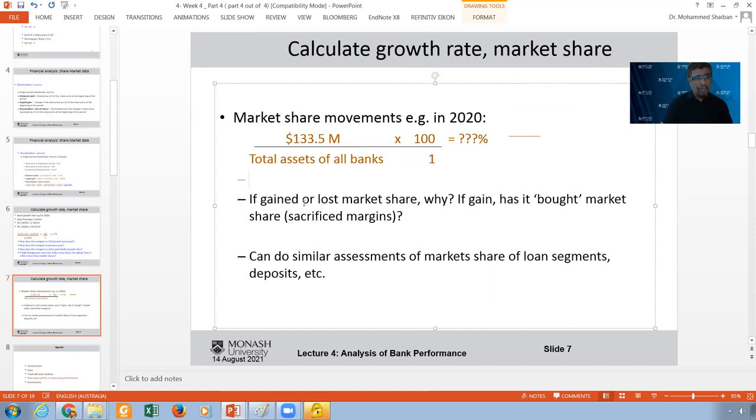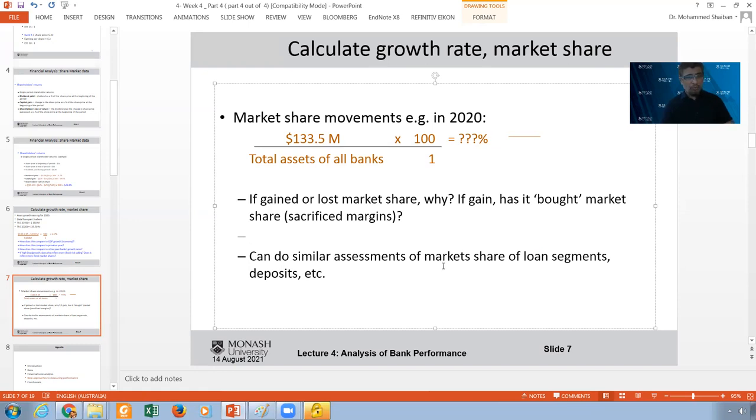Now, if you are gaining or losing market share, you have to know why. If you are gaining, has it come at the cost of margins? Are you sacrificing margins, which means are you giving more assets with more risk, or maybe you are decreasing your cost and your prices for the interest rate and getting more and more customers and giving more loans at the expense of the return, which means you are giving just cheap loans.